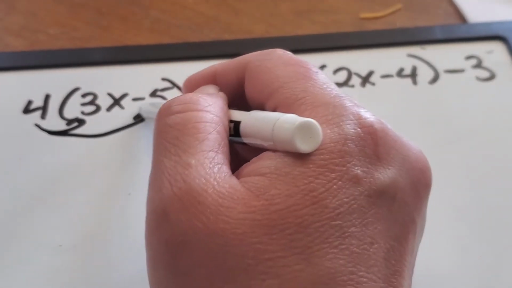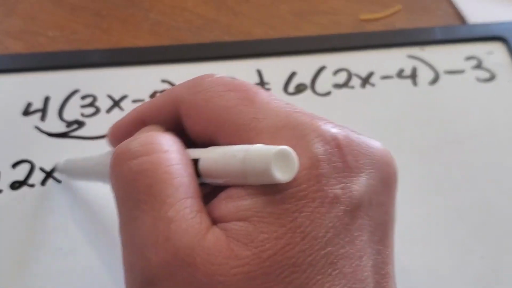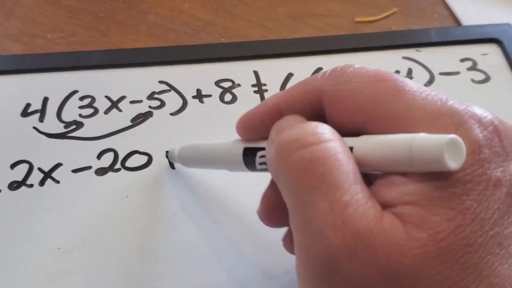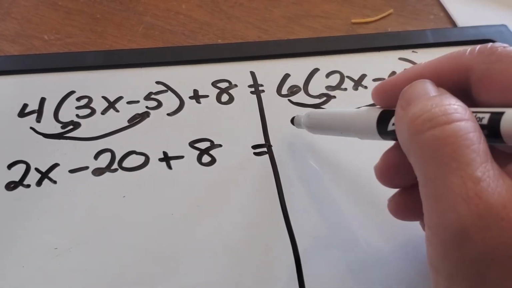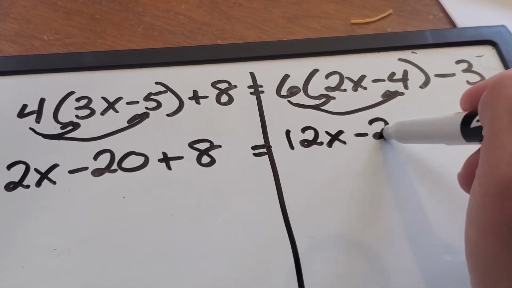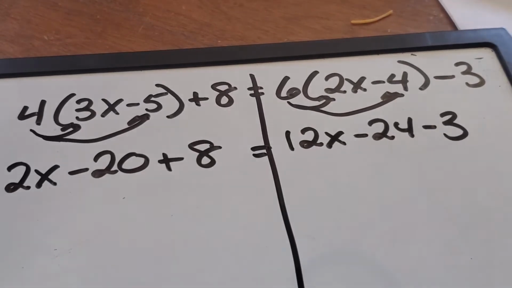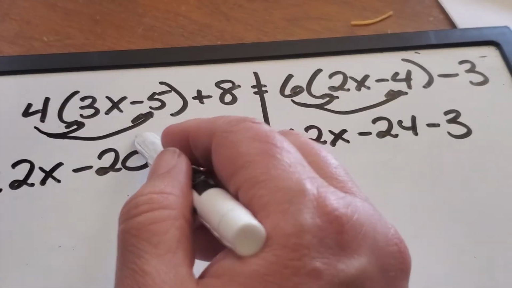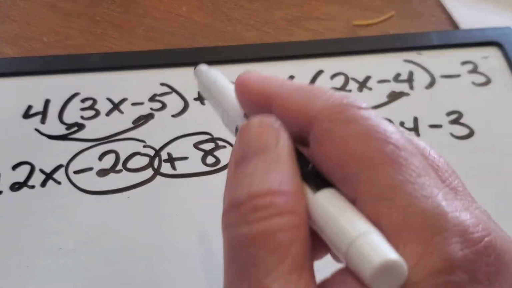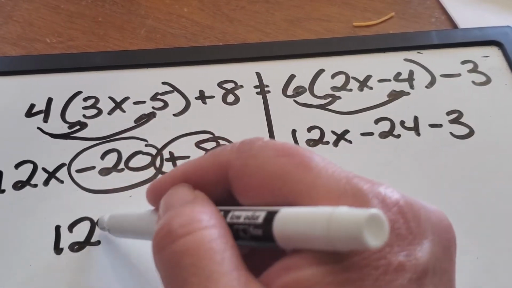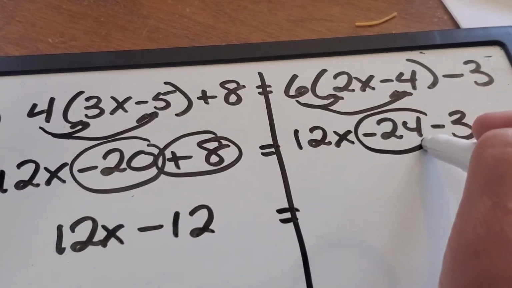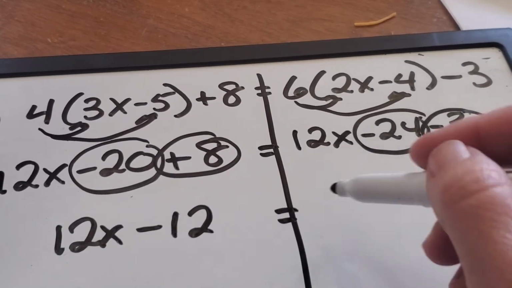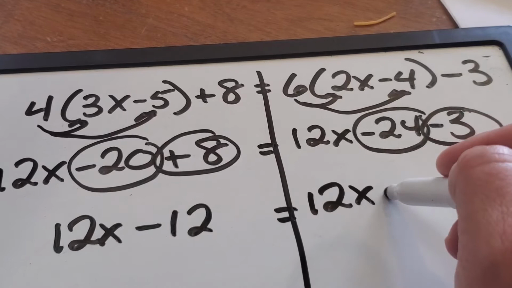So we're going to distribute the 4 here, and that's going to become 12x minus 20 plus 8. Over here, distribute the 6, and you get 12x minus 24 minus 3. I can combine like terms over here. Negative 20 plus 8 is negative 12, so that's 12x minus 12. On this side, negative 24 minus 3 is negative 27, so that's 12x minus 27.